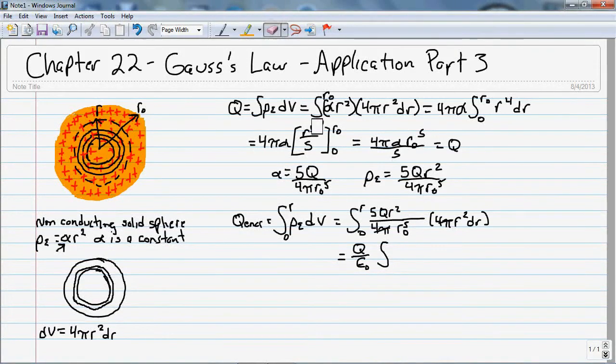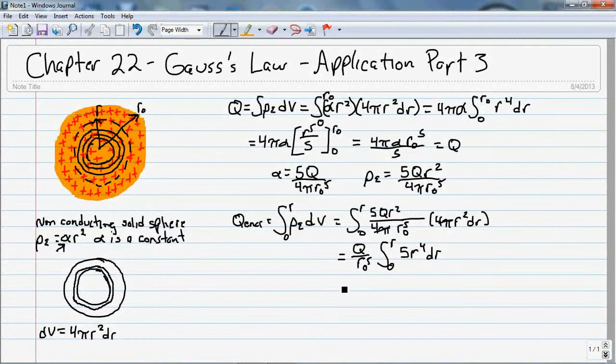So it's r naught to the fifth. There we go. And then my integral from 0 to r of 5r to the fourth dr. And the integral of 5r to the fourth is just r to the fifth.